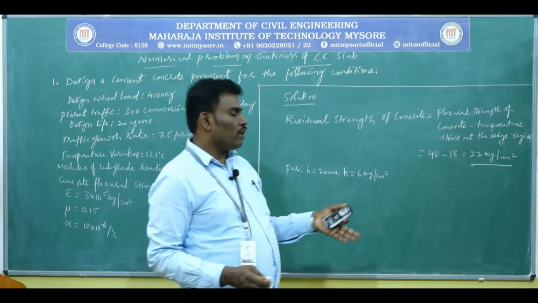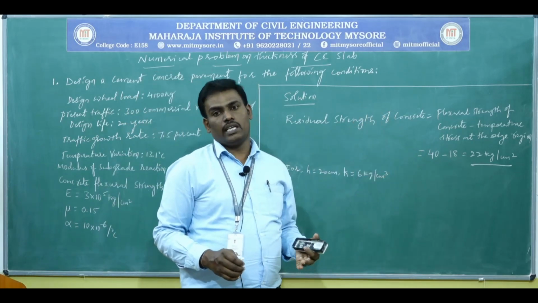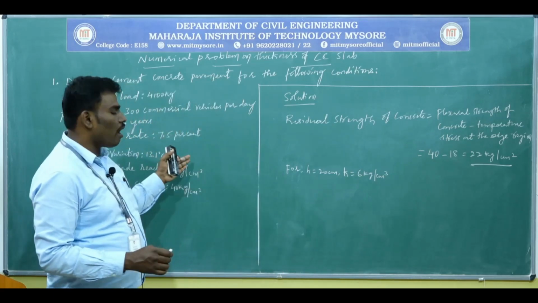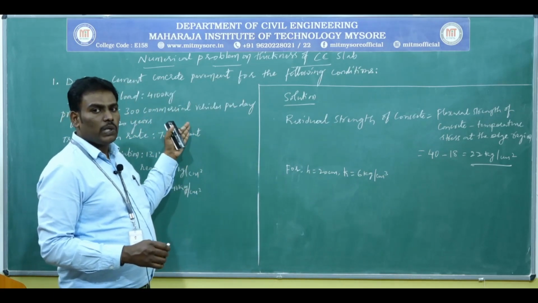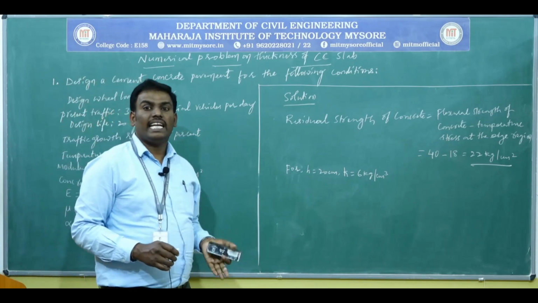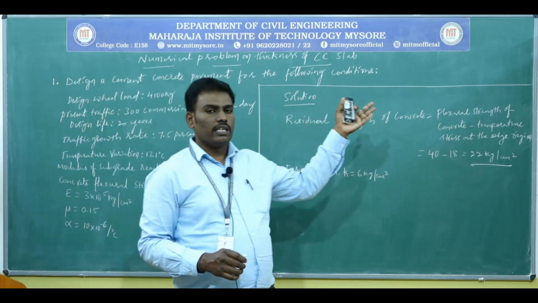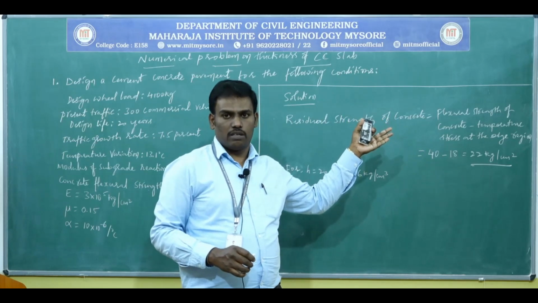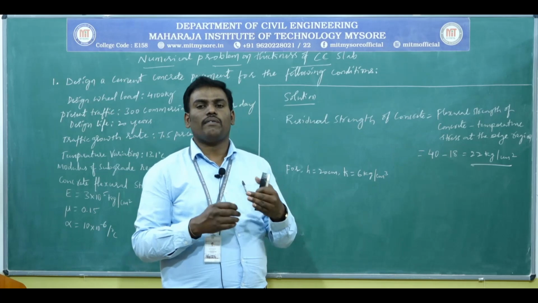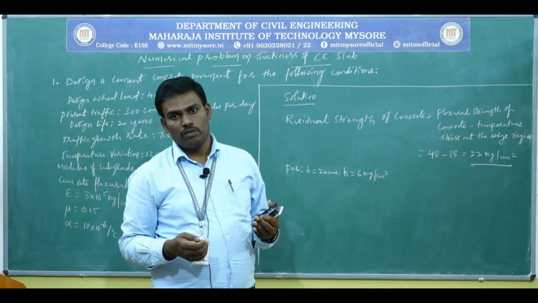Then you are supposed to refer to the 10-ton chart. It is a single axle load of 8.2 tons capacity, so you need to refer to the 10-ton chart. Why? Because it is 8.2 tons, so for safety purposes you refer to the higher value.